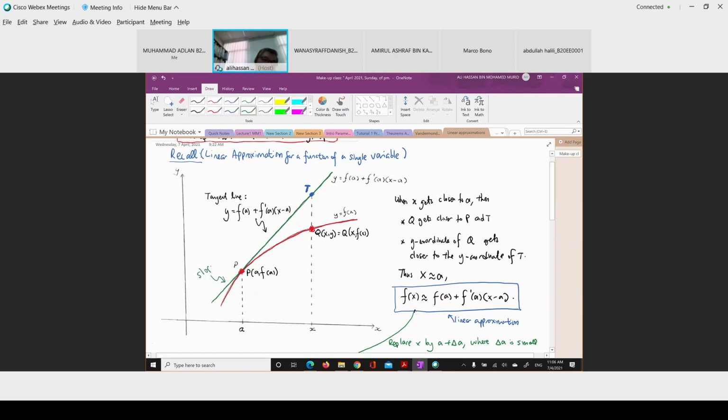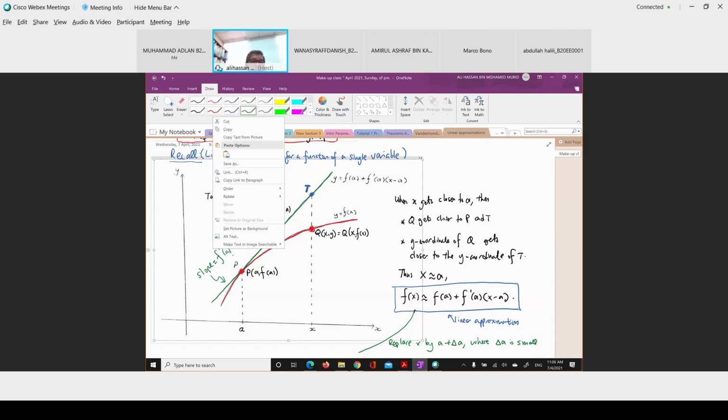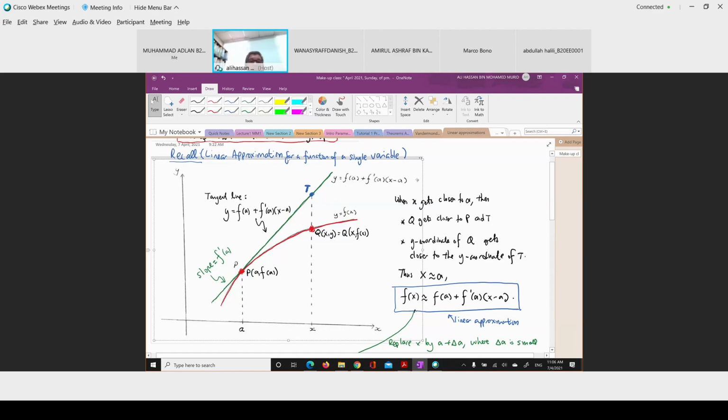Prime here means derivative, the derivative of f evaluated at a. So given a point P and a slope, we can determine the equation of the tangent. And the equation is given by y equal to f(a) plus f prime(a) times (x minus a).